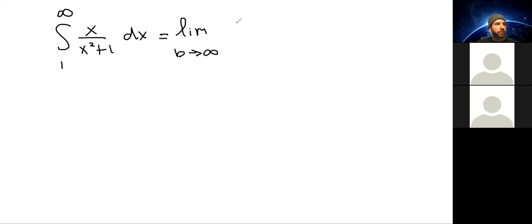The function is x over x squared plus 1 dx, from 1 to infinity. Let's be very careful with how we do this. We remember that these integrals require we take a limit. So I'm going to take the limit as b goes to infinity of this thing.